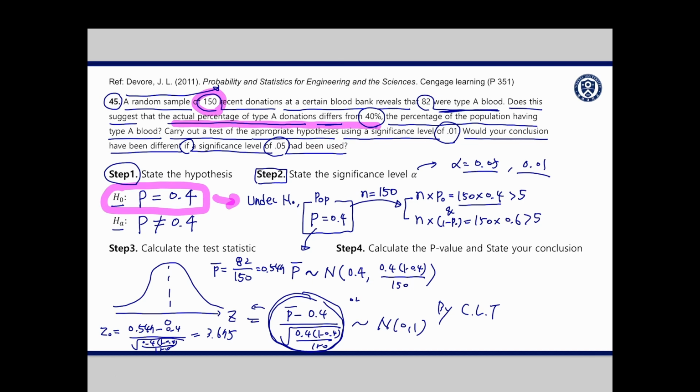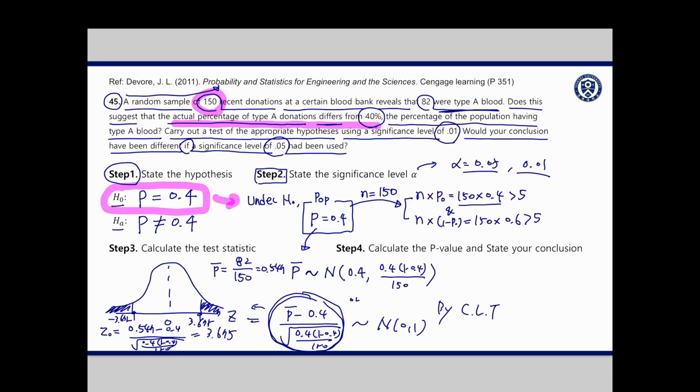Okay, therefore the p-value is the sum of this probability.